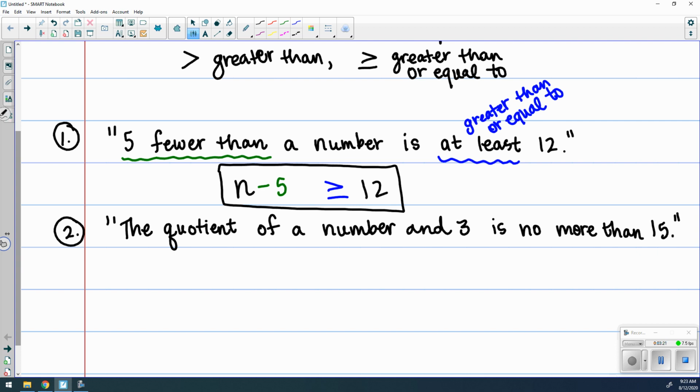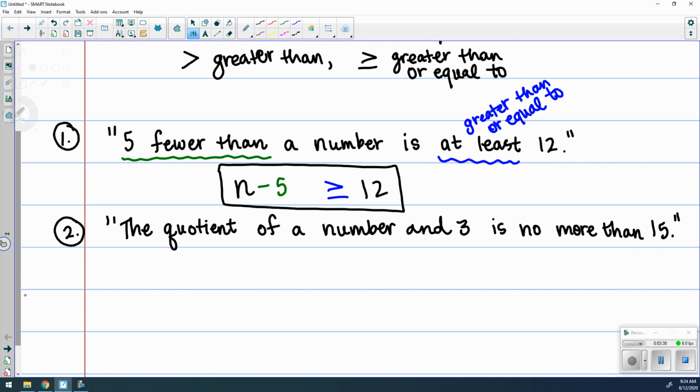All right, so the quotient of a number and 3 is no more than 15. I'm going to pause for a second while you finish writing down that sentence. The quotient of a number and 3 is no more than 15.